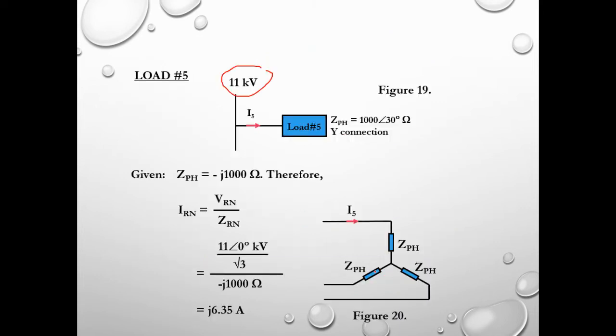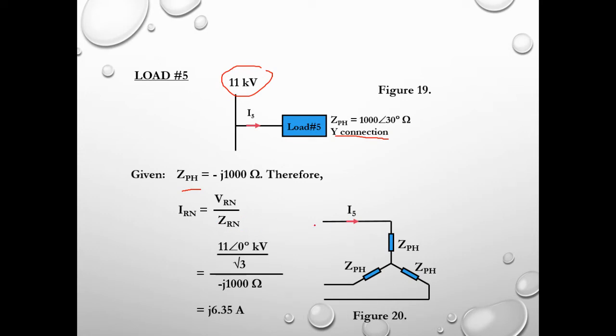Then again, load number 5, 11 kV, the line voltage with the bus bar voltage. So we have I5, the line current at load number 5, with Y connection of load, and the phase impedance is 1000 angle minus 90 degree ohm. Given ZPH, this is negative j 1000 ohm. Therefore IRN equals VRN over ZRN.